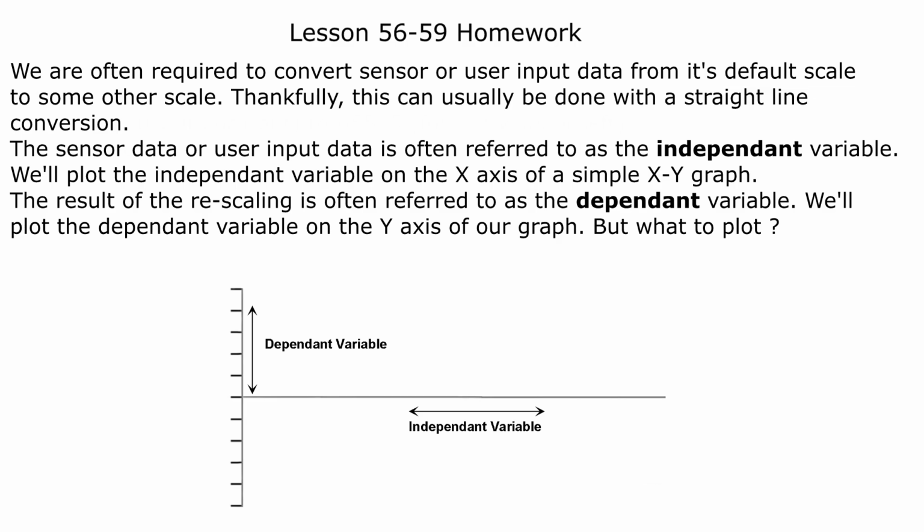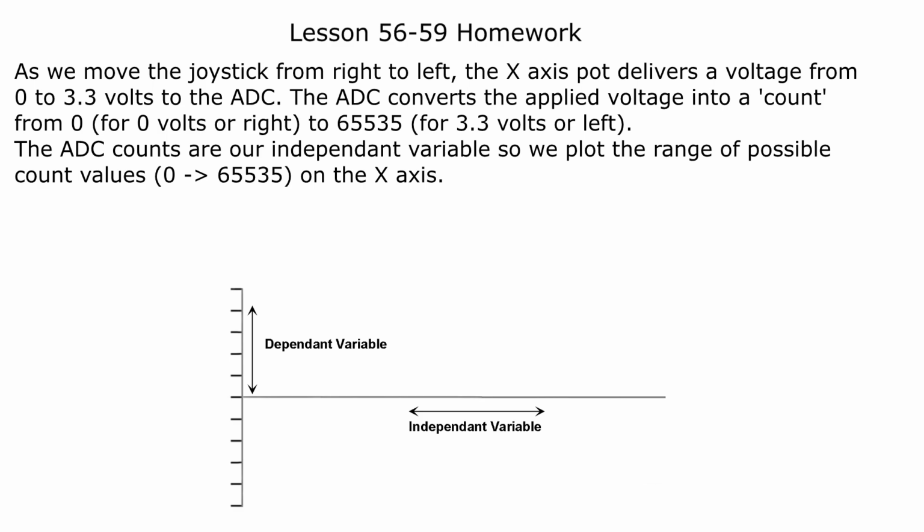But what to plot? As we move the joystick from right to left, the x-axis plot delivers a voltage from 0 to 3.3 volts to the analog to digital converter. The ADC converts the applied voltage into a count from 0 for 0 volts or fully right to 65,535 for 3.3 volts or fully left.